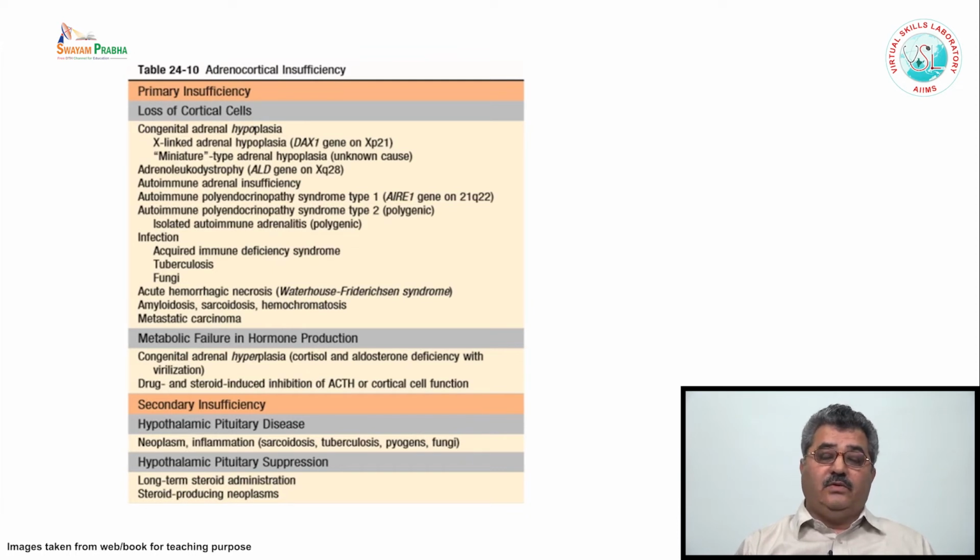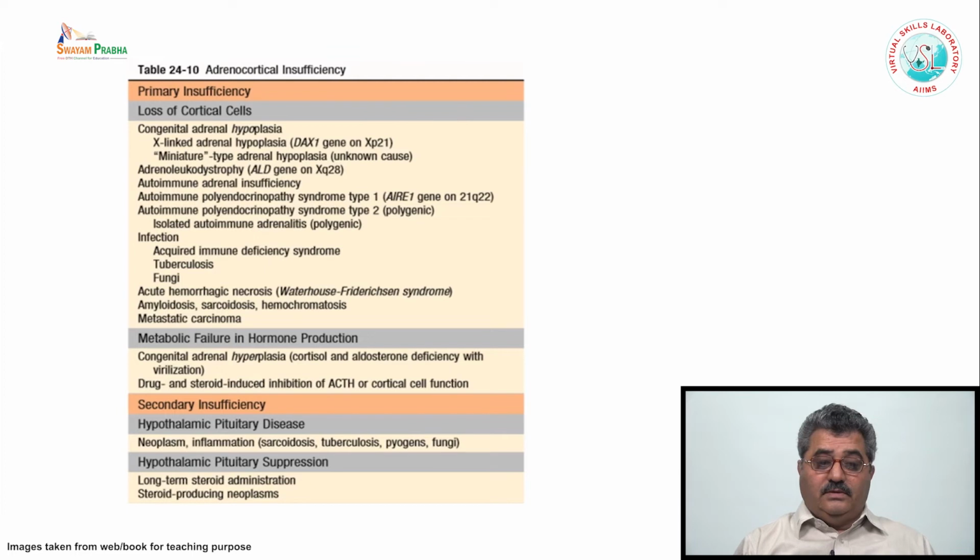It may be something wrong in the adrenal gland, it may be something wrong at the pituitary. For example, after the surgery or the radiotherapy of the pituitary gland, many patients develop adrenal insufficiency. There may be causes which are related to the adrenal, and many of them are autoimmune.